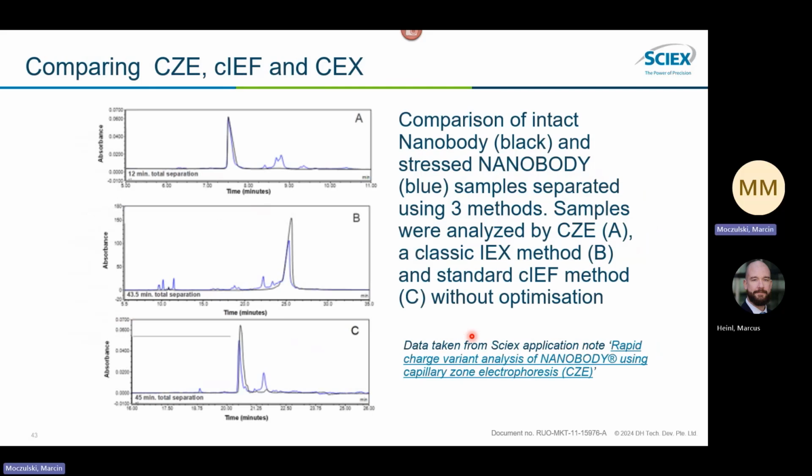This slide, also from the same tech note, shows a comparison of three methods for tested intact and stressed nanobodies: capillary electrophoresis, ion exchange chromatography, and isoelectrofocusing.